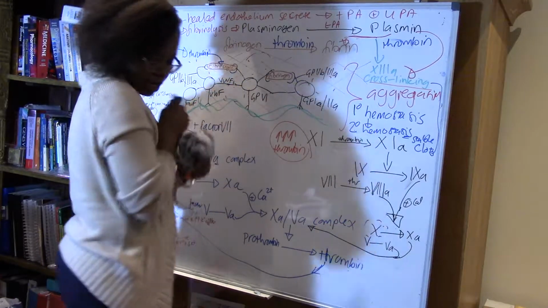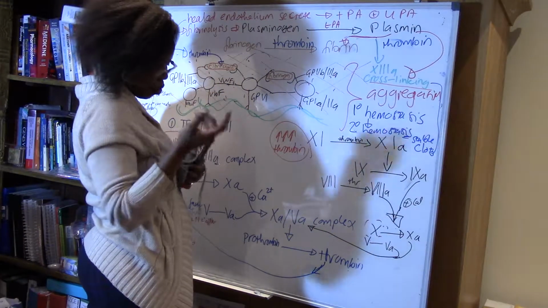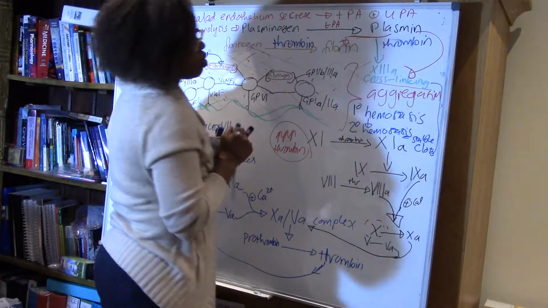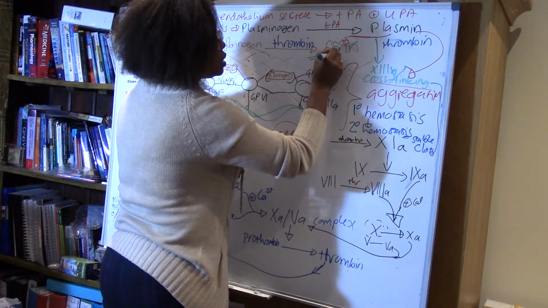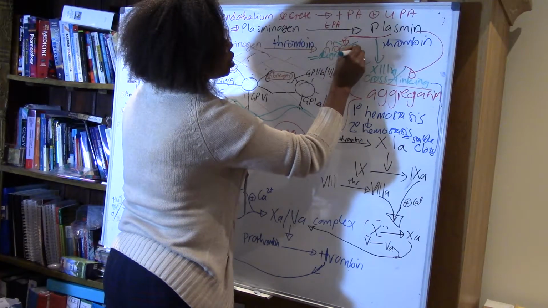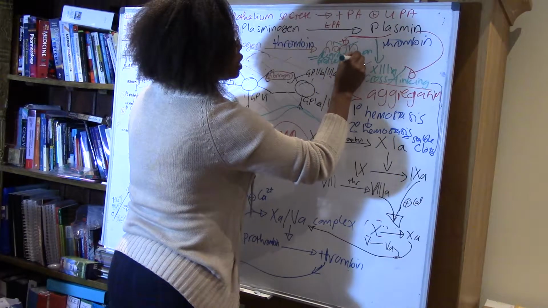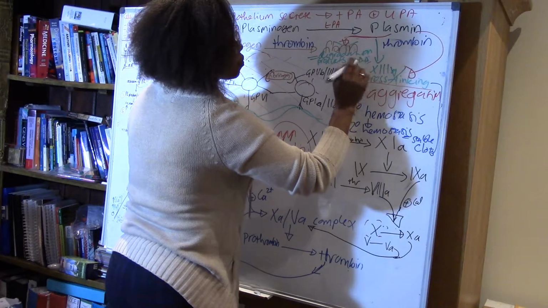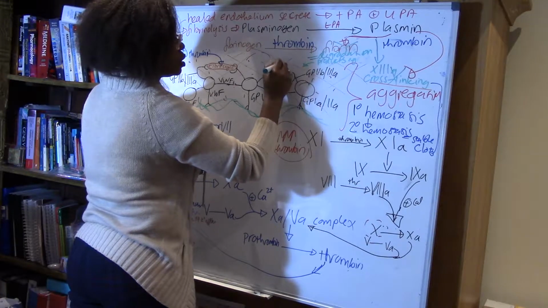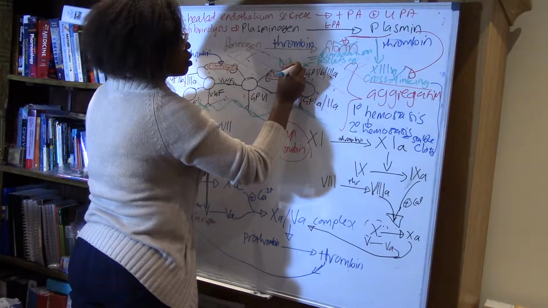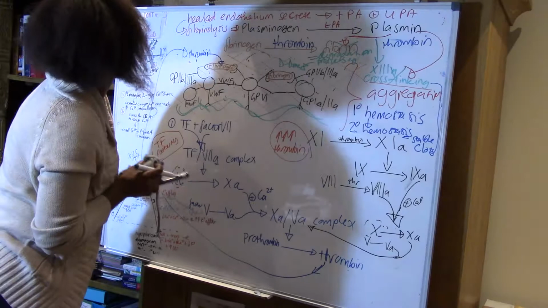As fibrin is being degraded, it releases fibrin degradation products such as D-dimers, which can be measured.